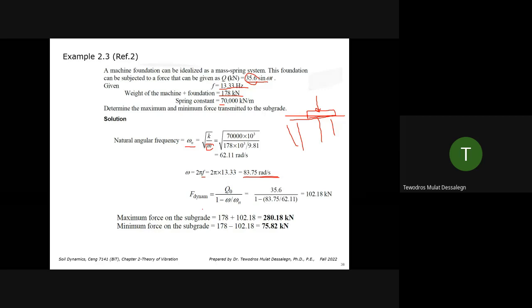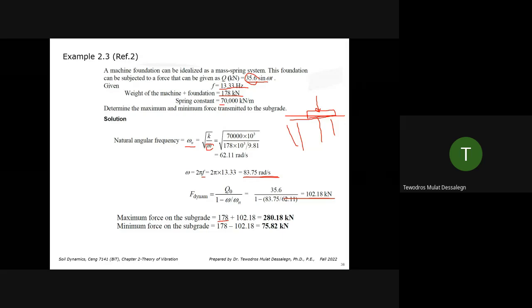So the dynamic force acting on the subgrade is the expression we just derived on the previous page: Q naught over 1 minus W by Wn, squared. Put those numbers in and you have your dynamic component. So the maximum force on the subgrade, static and dynamic, is the static, which is just the weight, 178, plus the dynamic component.